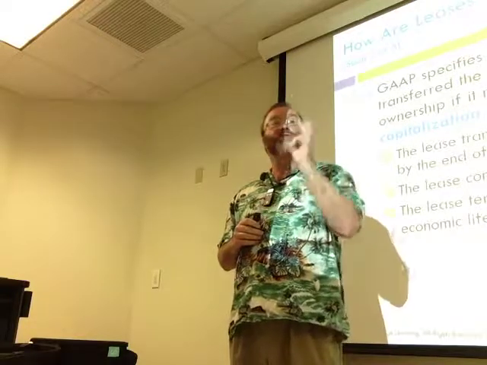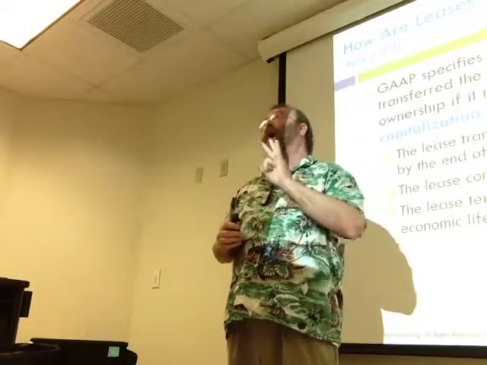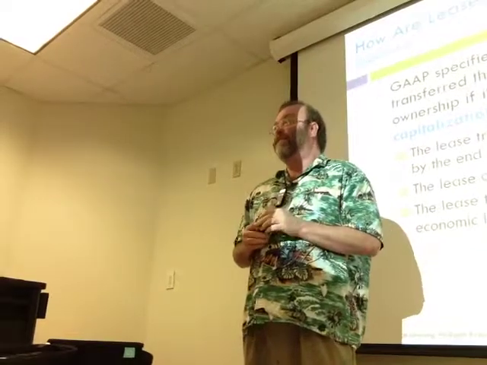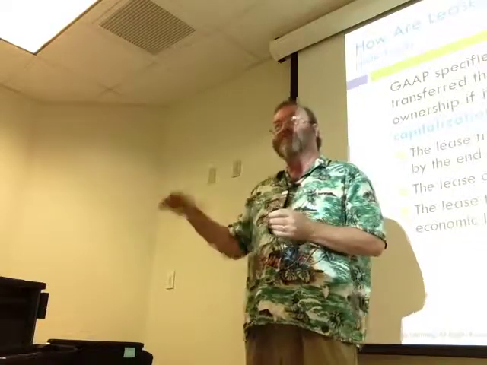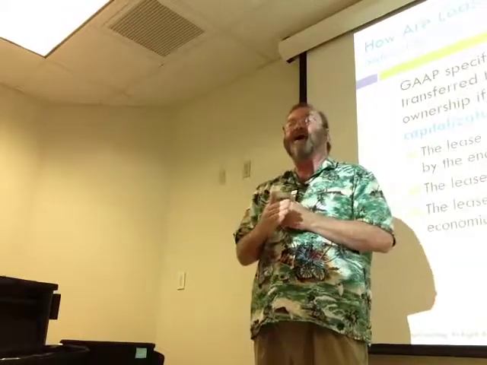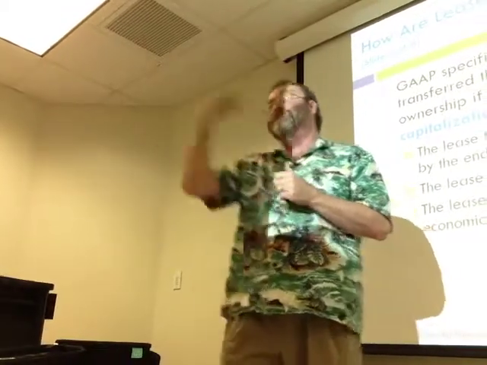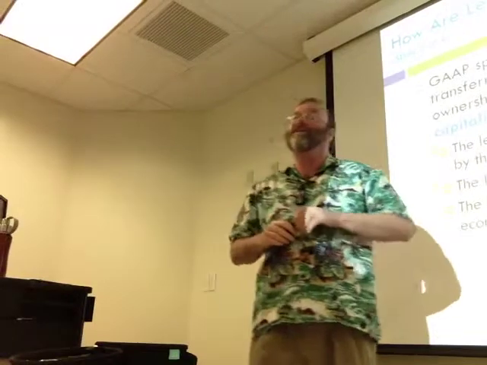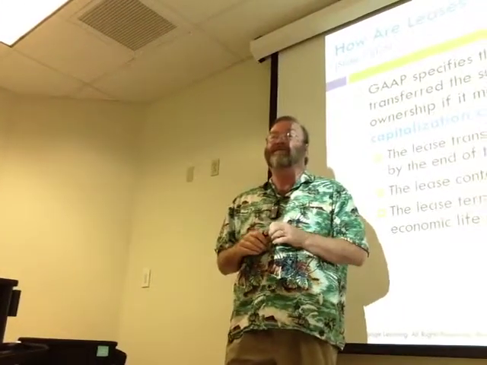If you lease it for 3 years, it's not. All right? See what I mean by bright line rules? If you're on this side of the threshold, you've got an operating. If you push it to the other side, you've got capital.